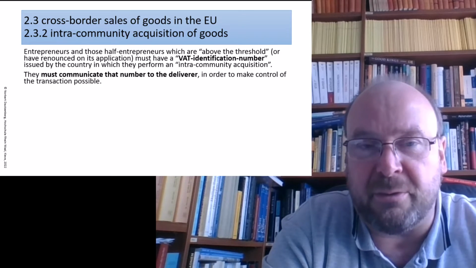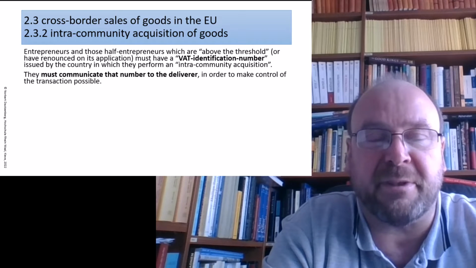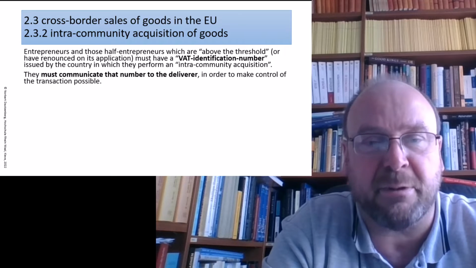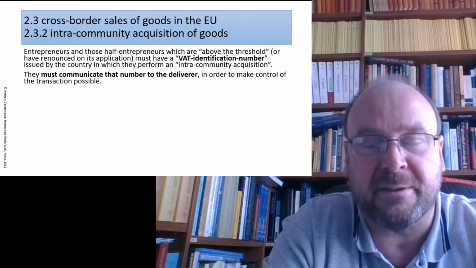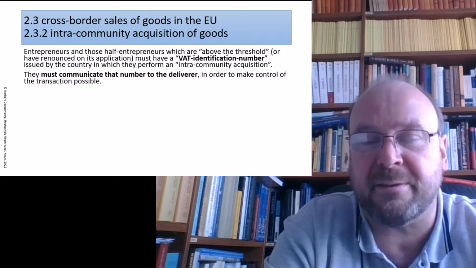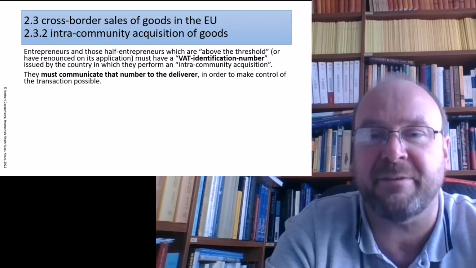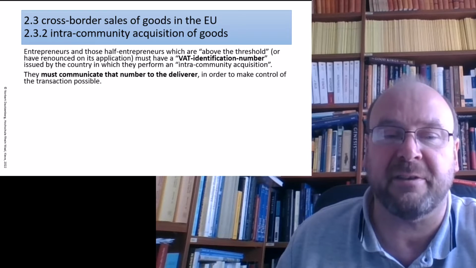But in order to deliver tax-free, the deliverer must be able to prove your status as a taxable buyer, and for this he or she needs confirmation that you have a VAT identification number and needs the VAT identification number.